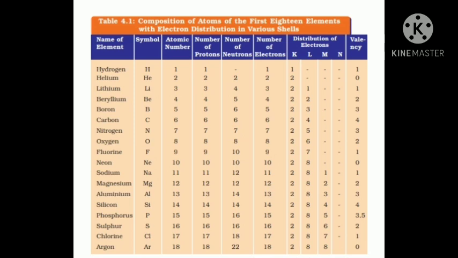Number of neutrons 18. Distribution of electrons K, L and M are 2, 8 and 7 respectively. 7 in the outermost shell, so that is the valence electron. The shell is called the valence shell. 8 minus 7 equals 1. 1 is the valency.